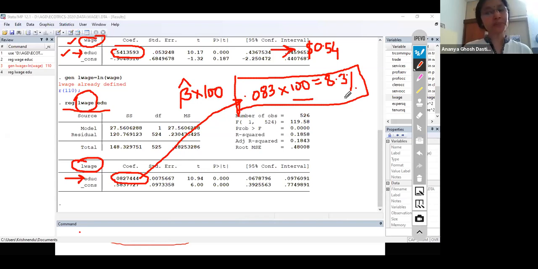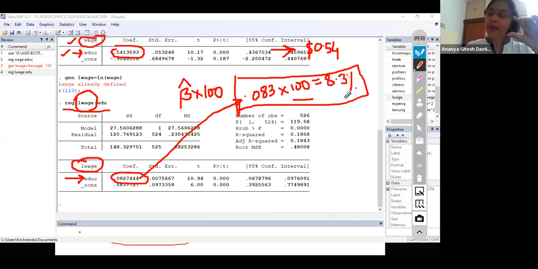Now, why is this a constant percentage effect model? Because it is saying that if your education increases from 5 years to 6 years, wage will increase by 8.3%. If it increases from 16 years to 17 years, wage will increase by 8.3%.